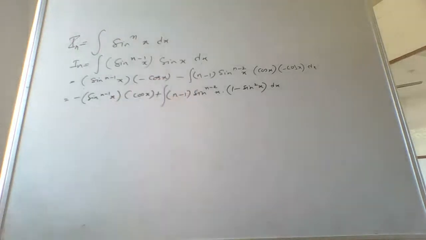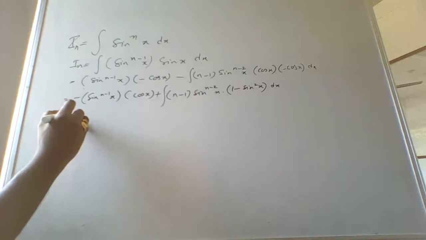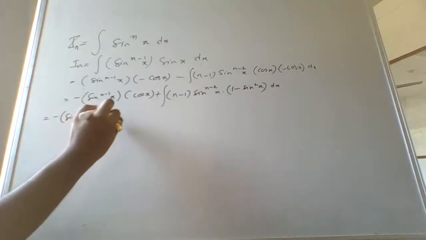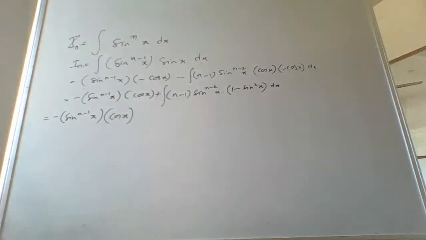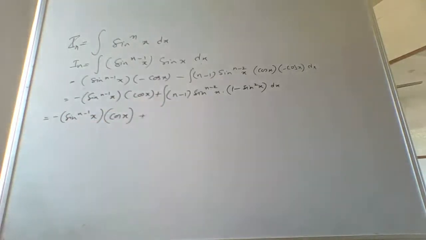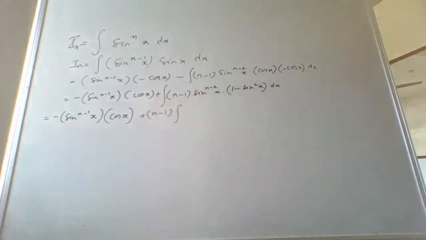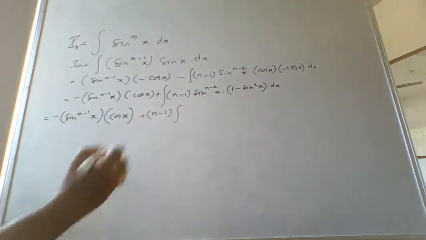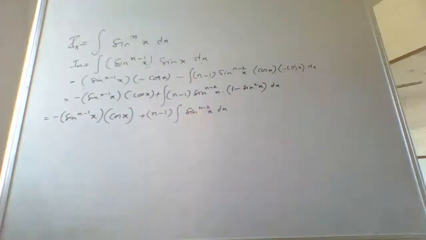Now if I multiply this throughout, I'll have minus sine n minus 1 x cos x, and I'll multiply that, so I get n minus 1, integral sine n minus 2 x dx in the first place.